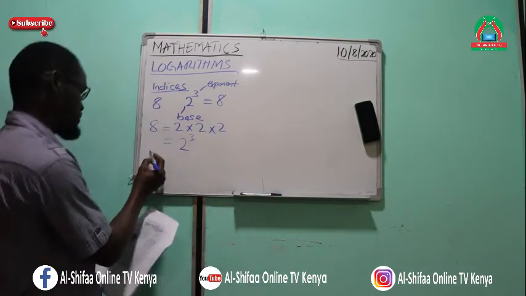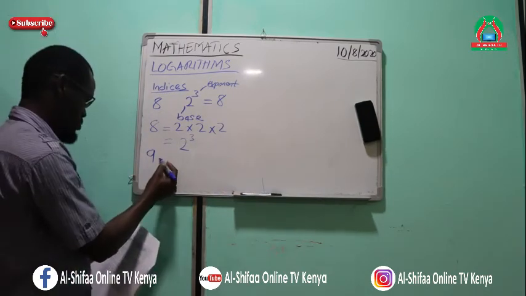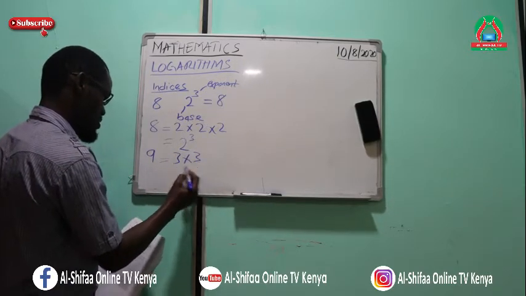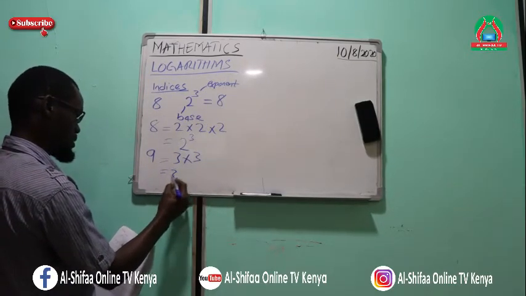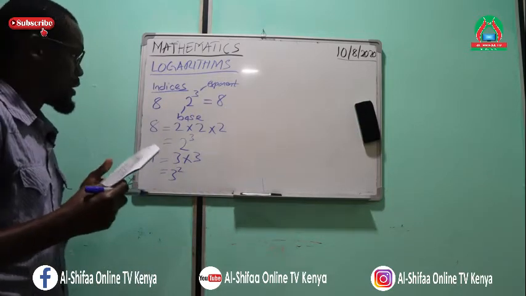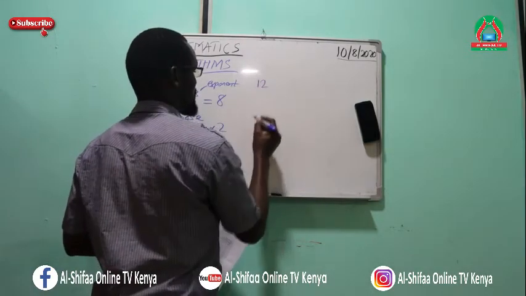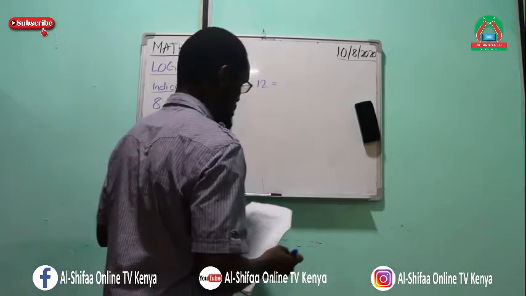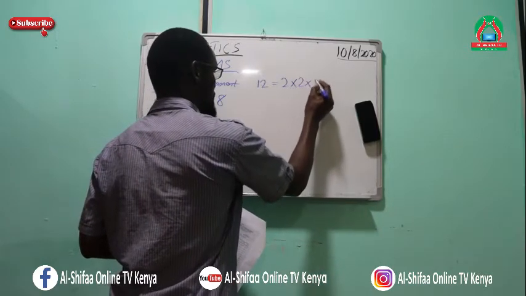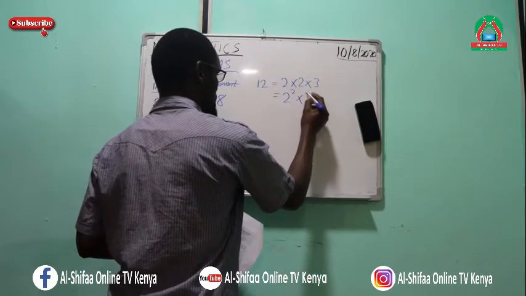Similarly, to express 9 in the form of indices is 3 multiplied by 3, which is equivalent to 3 squared. And the number 12, when expressed in the form of indices, is 2 multiplied by 2 multiplied by 3, which is equivalent to 2 squared multiplied by 3.